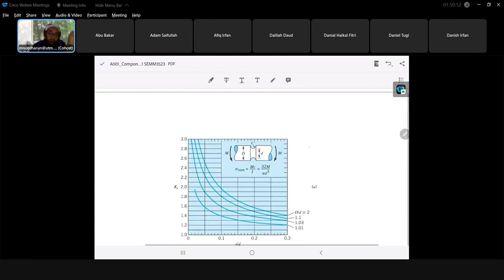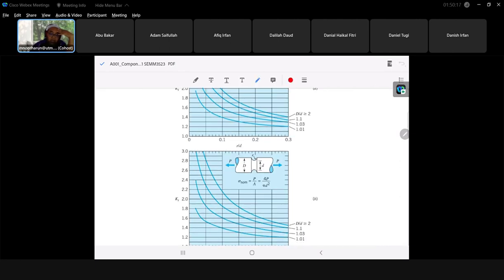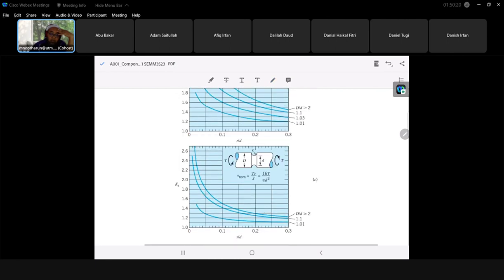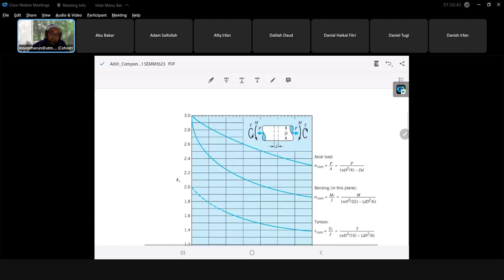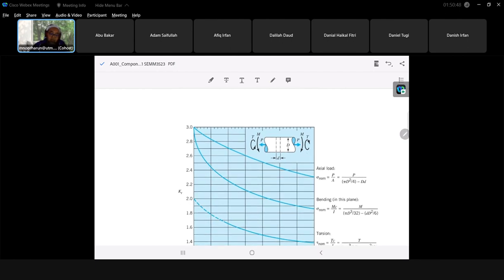Another one is here. It also has bending moment, axial loads and torsion, but the shape of the shaft is different. Here the stress concentration factor is for the fillet, the notch. So it is another shape as well.